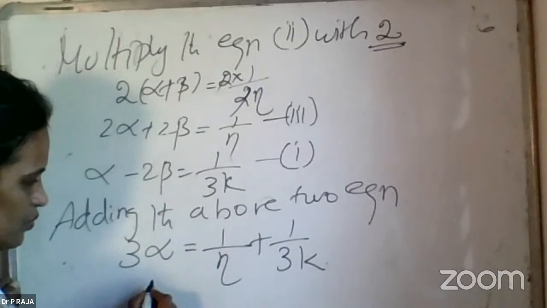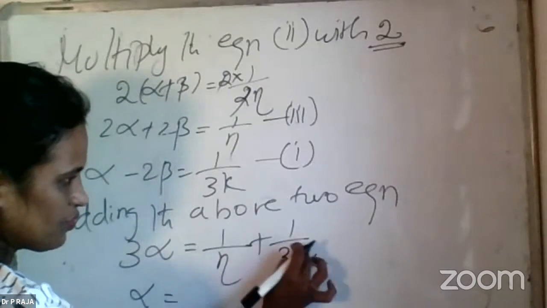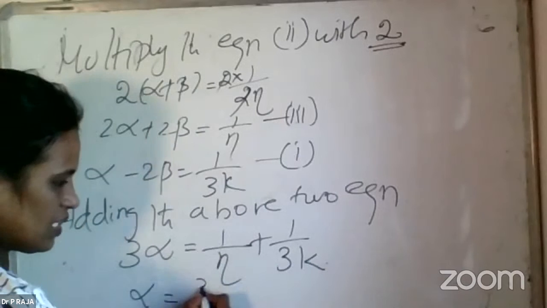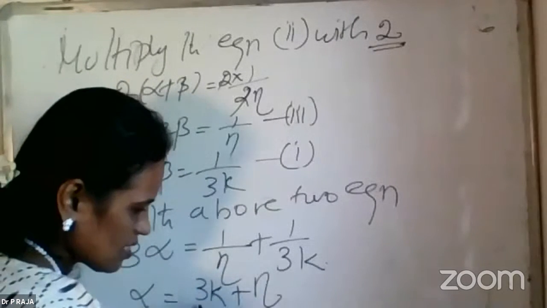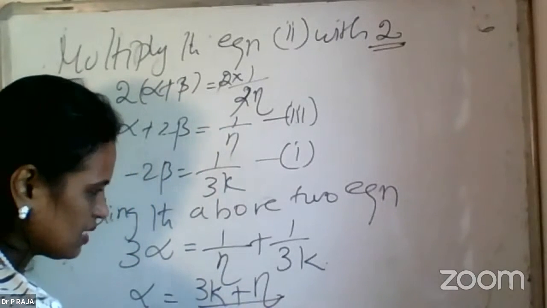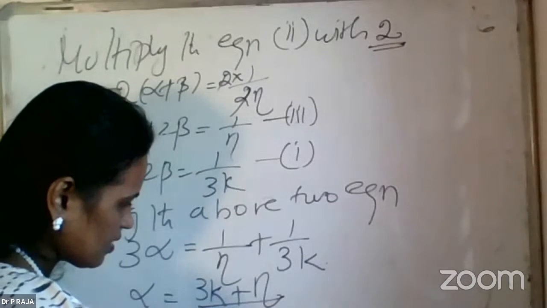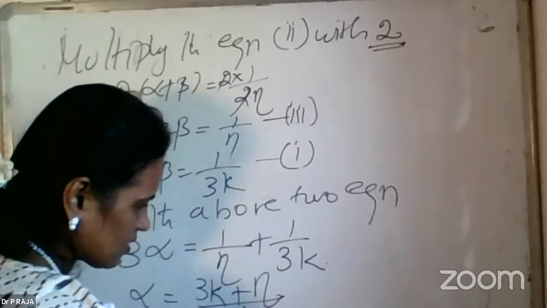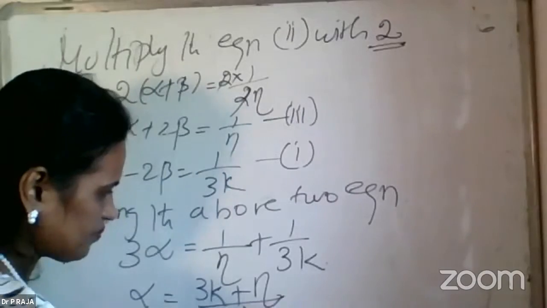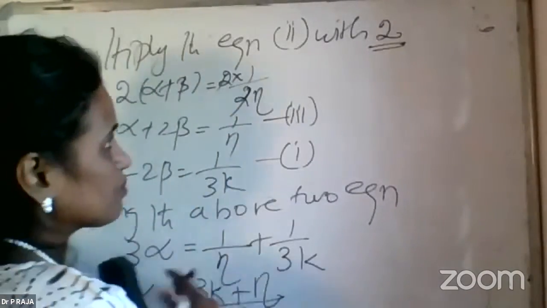Okay, so alpha will become, if you take the multiplication factors, 3k plus eta in the numerator divided by 3 into 3k eta.